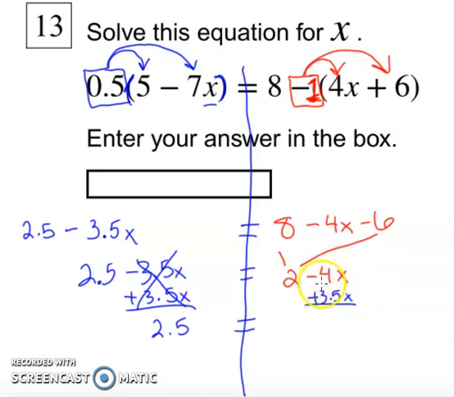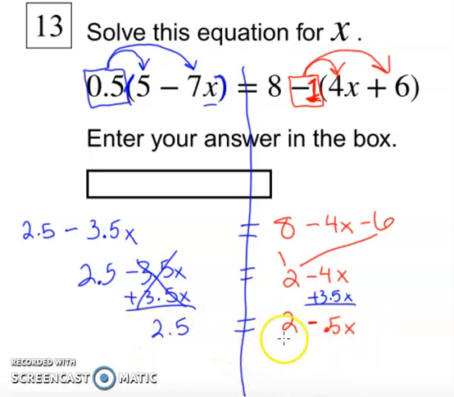Well, the negative 4 is larger than the positive 3.5, and it's larger by 0.5. So that's going to leave me with negative 0.5x, but it's negative because the negative 4 is larger, okay? And then I'm just going to bring that 2 down. The 2 is still there. I didn't do anything to it. So it's 2 minus 0.5x, all right?